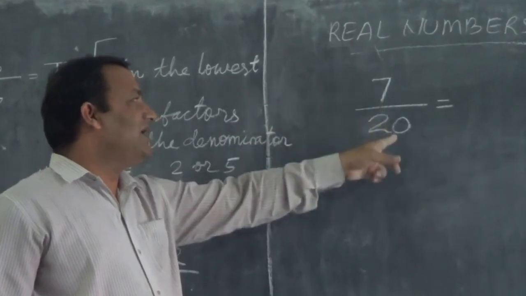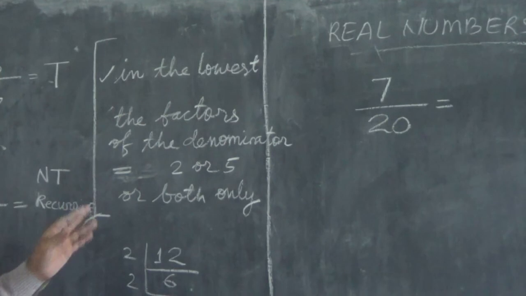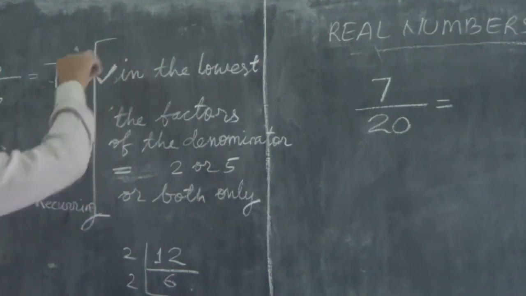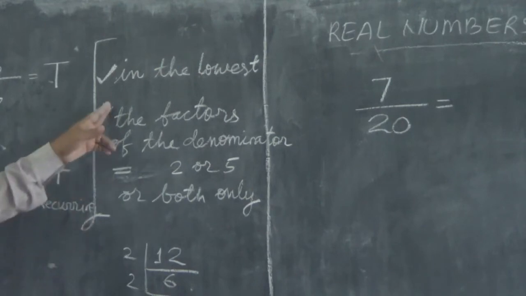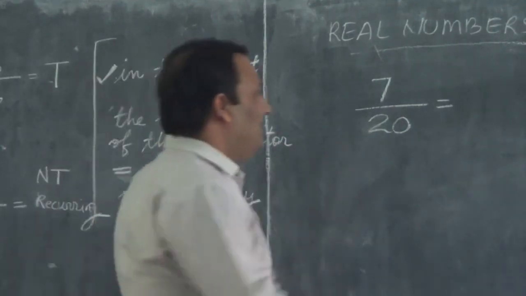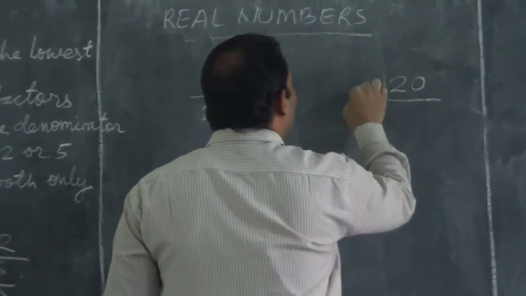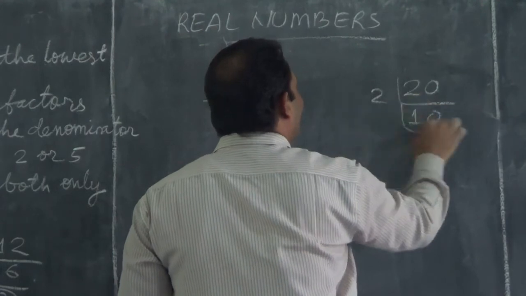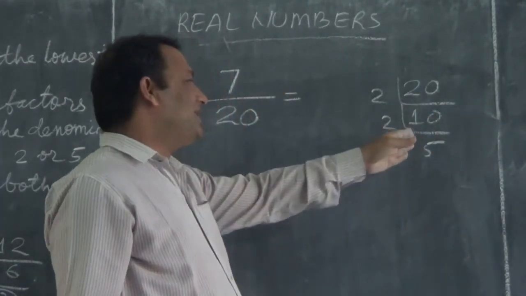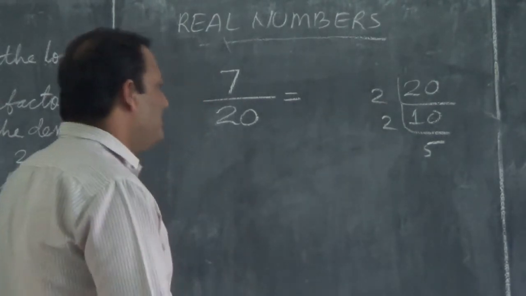No sir, we cannot cut. We cannot reduce. So first condition is true children. Now you see the second condition, the factors of the denominator. I will find the factors of the denominator here. 2 10s are 20. 2 5s are 10. So 5, after that there is no need of writing 5 1s because 5 is a prime number.